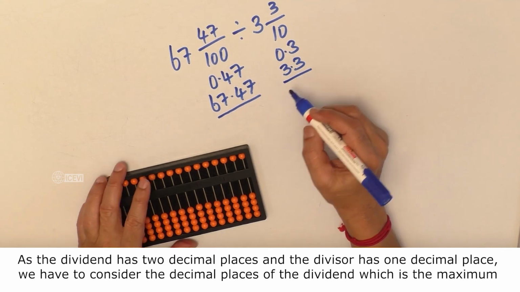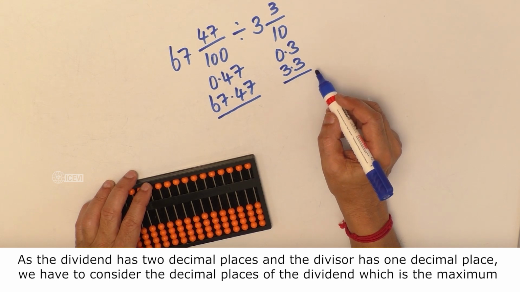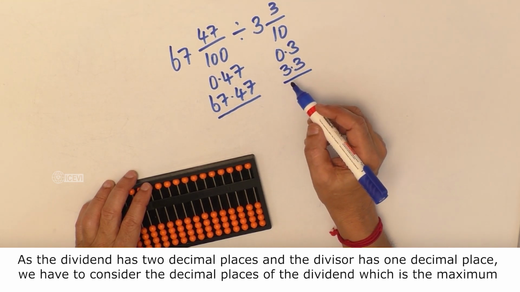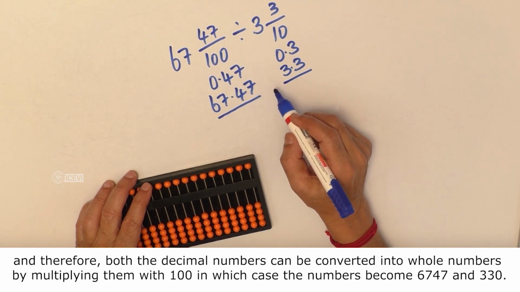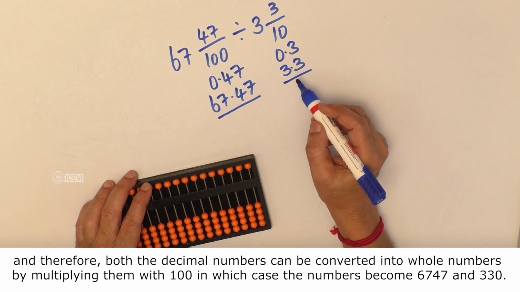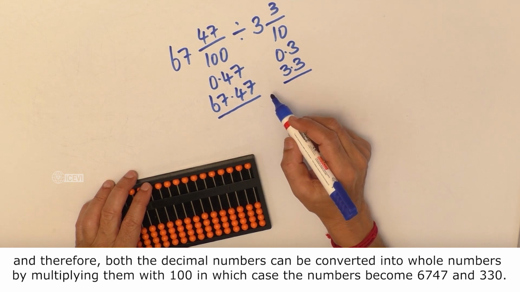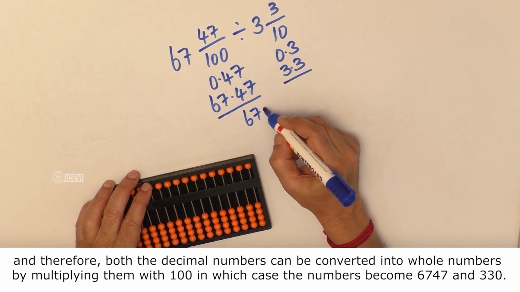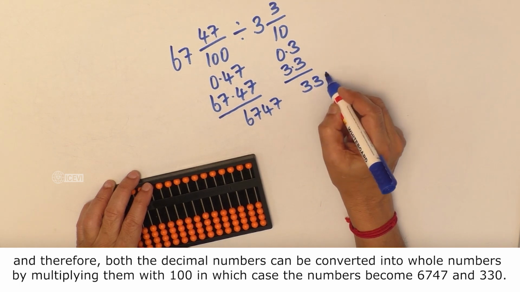As the dividend has two decimal places and the divisor has one decimal place, we have to consider the decimal places of the dividend, which is the maximum, and therefore both the decimal numbers can be converted into whole numbers by multiplying them with 100, in which case the numbers become 6747 and 330.